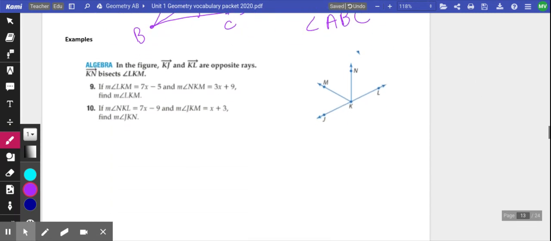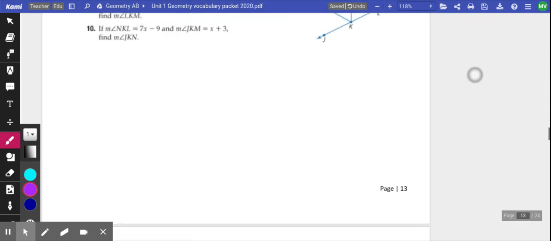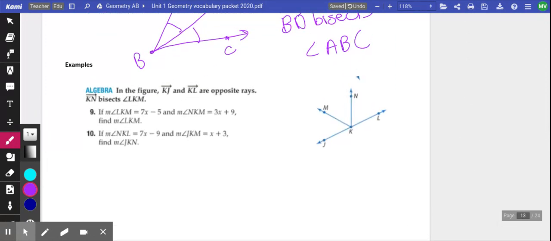So now we have a couple of examples to do. I'm going to help you set up the first one, then I want you to try the second one on your own. So it says if LKM equals 7x minus 5, so that's this big angle right here, and NKM is 3x plus 9, find LKM.